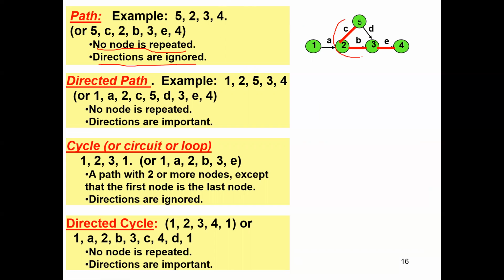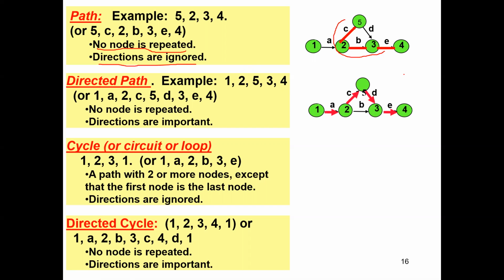You go from here to here, no directions and no nodes are repeated. A directed path is, again, one where no node is repeated, but in this one directions are important. So for instance, in this case, we go from 1 to 2, 2 to 5, 5 to 3, and 3 to 4. So we are following the direction of the arrows.